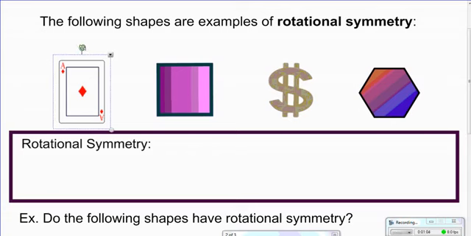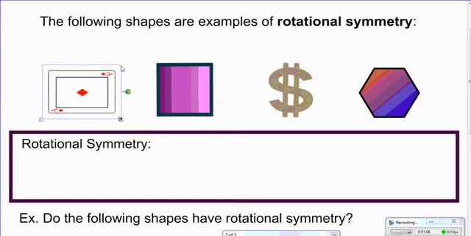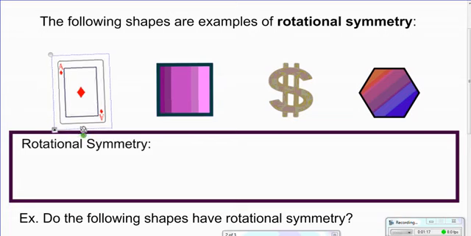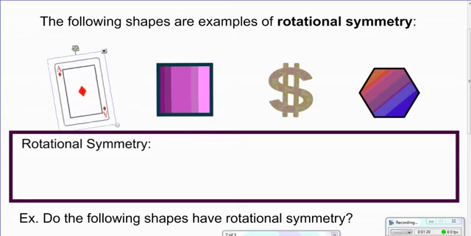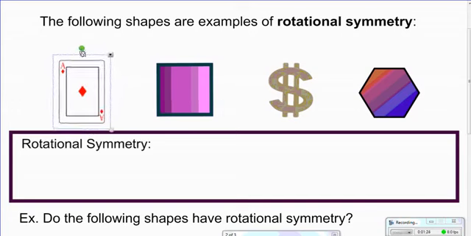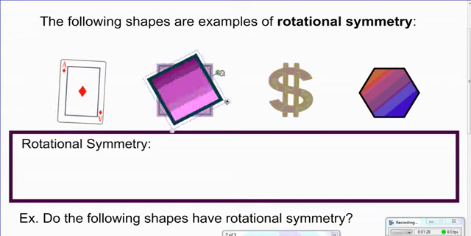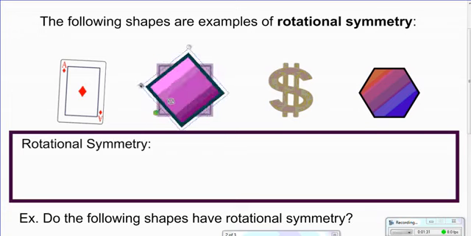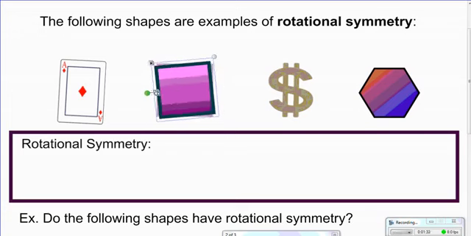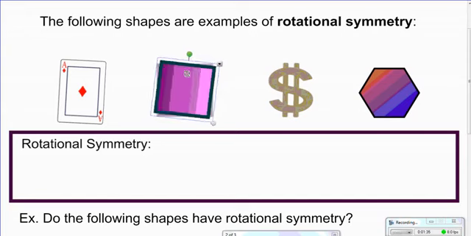So if you watch when I rotate it, when I rotate it, this card is the same upside down as it is upright. So it has 1, 2 times that it looks exactly the same. When I look at the square, it has 1, 2, 3, 4 times that it's exactly the same.